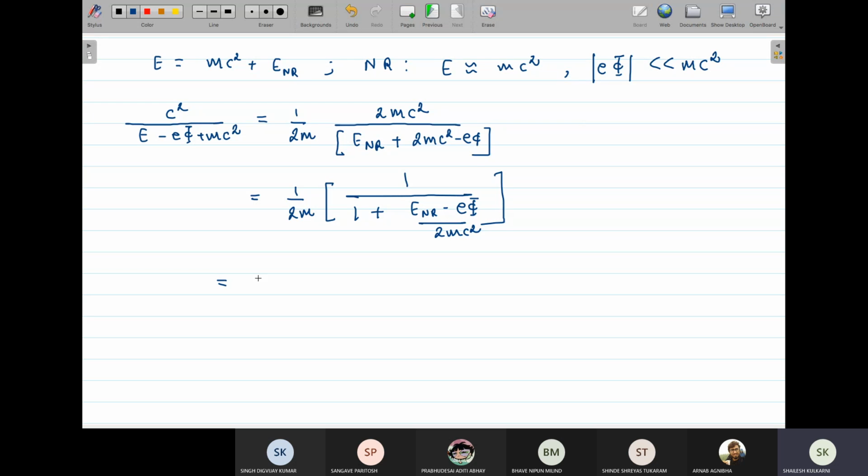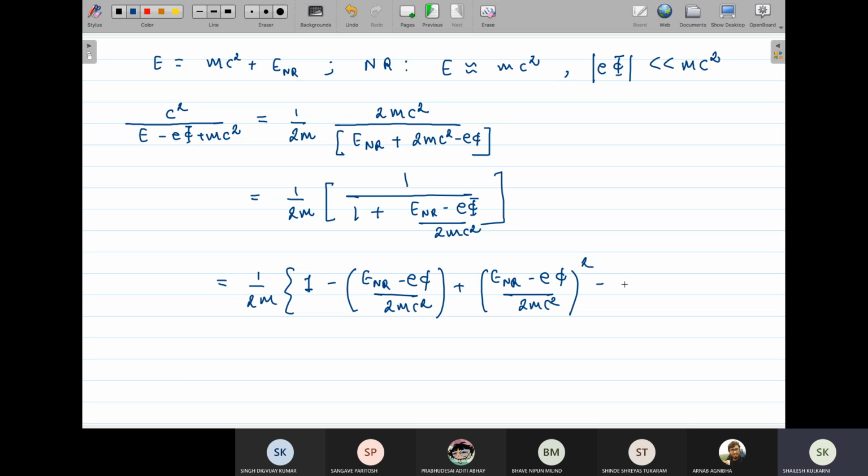What is that expansion? 1 over 2m. What is the first term in the expansion? You do the power series expansion. It will be 1, minus ENR minus e phi divided by 2 mc square, plus ENR minus e phi divided by 2 mc square, squared, and so on.